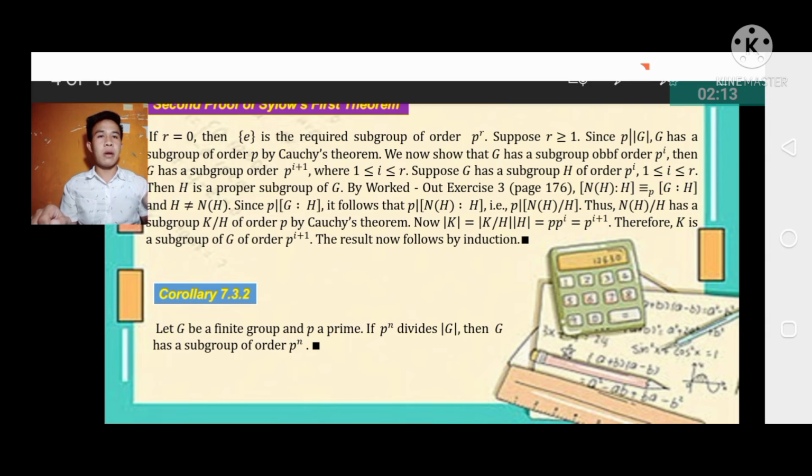Because n and m are positive integers, any positive integers can be used as values of n and m. The condition in Theorem 7.3.1 is that p to the raised of n and m are relatively prime, so 3 to the raised of 1 times 2.